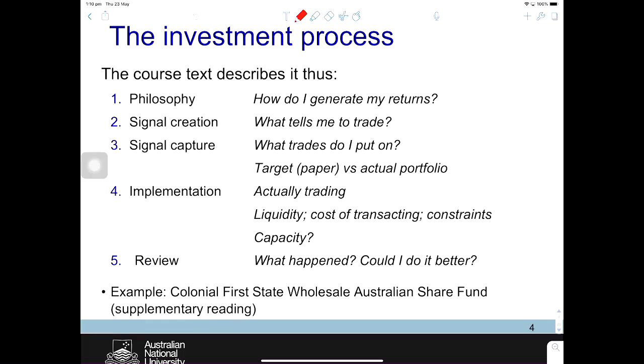The signal creation is a process that will very likely involve the quantitative side of the investment process, or so-called security selection. So it's going to define the kind of measures we're going to capture. We're going to create the signal.